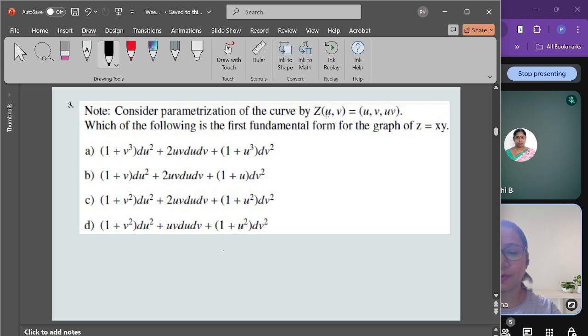So how can we represent the first fundamental form of any given graph? I'm writing it here.